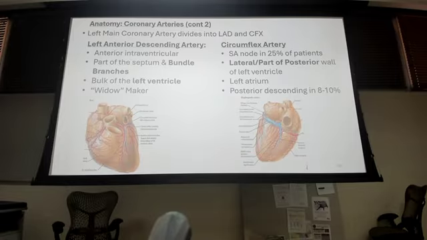So we talked about the left anterior descending doing the bulk of your left ventricle. If you knock out the entire perfusion of the left anterior descending, then the majority of the left ventricle stops working. Think about the consequences of that. That's why it's also known as the widowmaker, because you probably are going to die with a complete occlusion of the LAD.